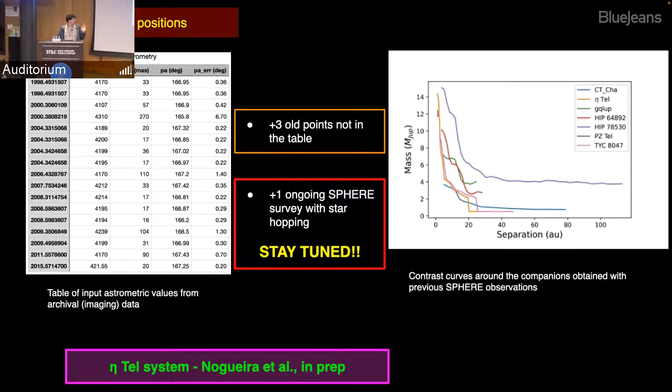So we have a lot of astrometric coverage, so we can do orbital fitting and follow-up. On the right, you can see the contrast curves obtained by the oldest SPHERE observation, and we will improve that with a deeper observation with SPHERE.